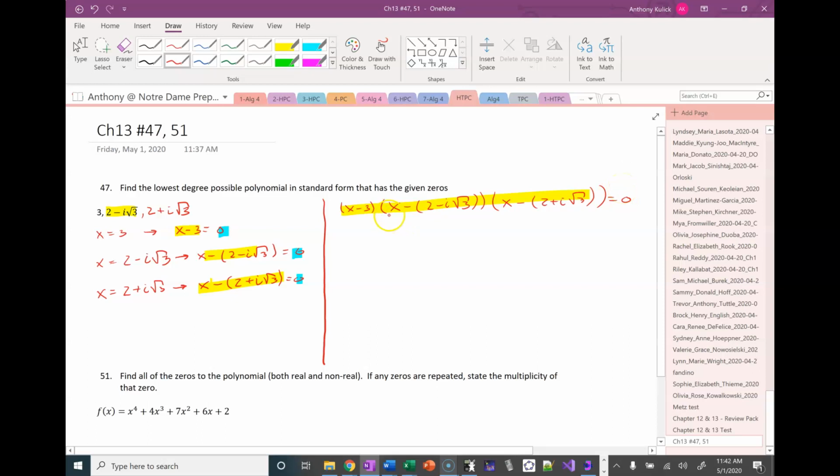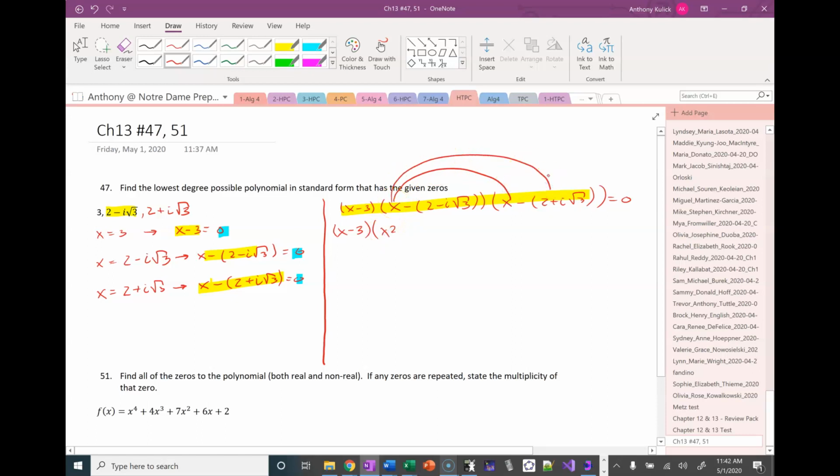What I'm going to do now is I'm going to FOIL out these two pieces that have the imaginary parts. And if I FOIL these out, I should get something that is a polynomial with integer coefficients. So if I multiply x times x, I get x squared.